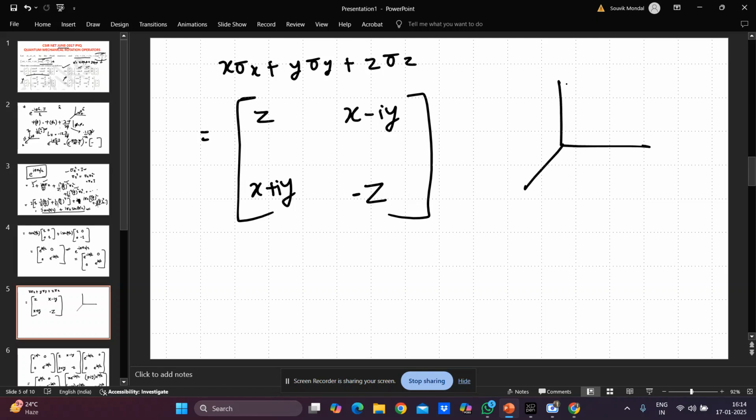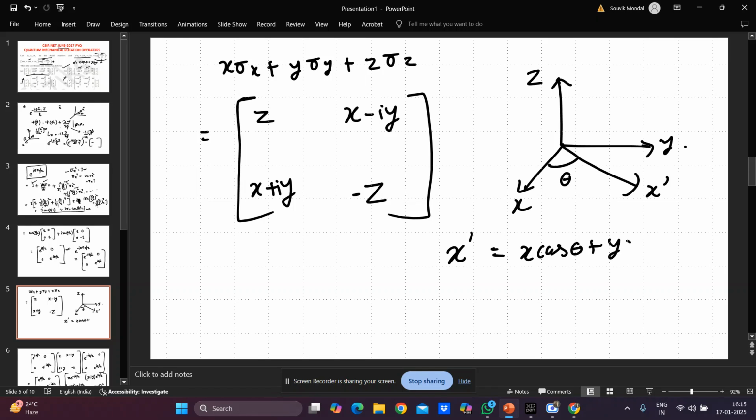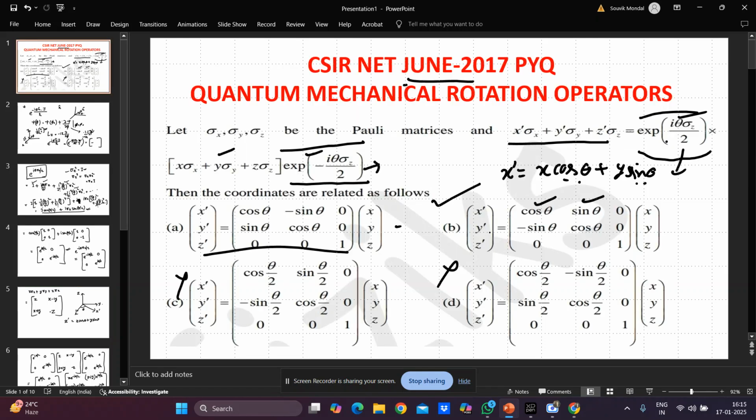You have the z axis and you give a clockwise rotation by theta. This is your new x prime, this is your old x, this is your old y. So your new x prime is x cos theta plus y sin theta. So this is your rotation matrix for theta, a clockwise rotation. So this will be the correct option.